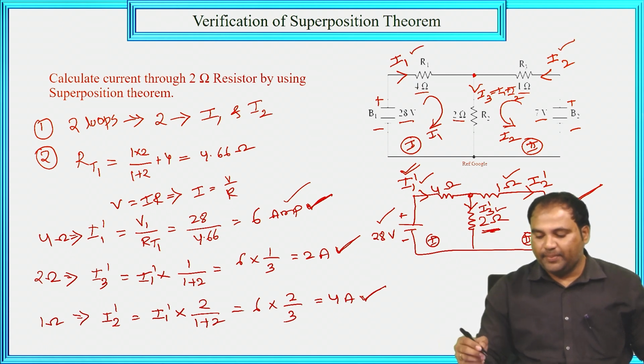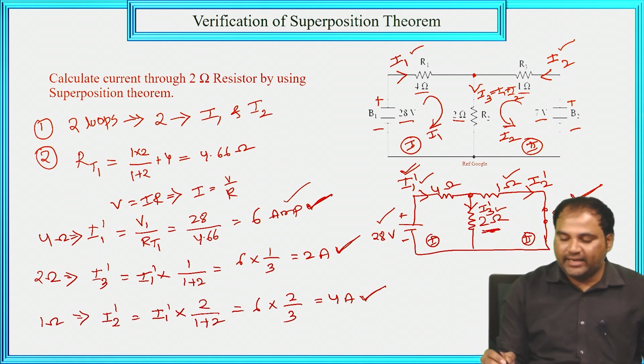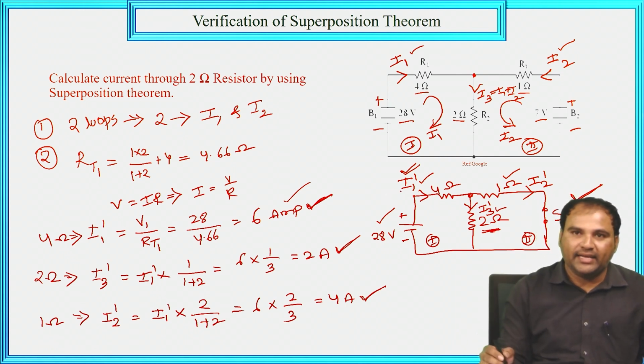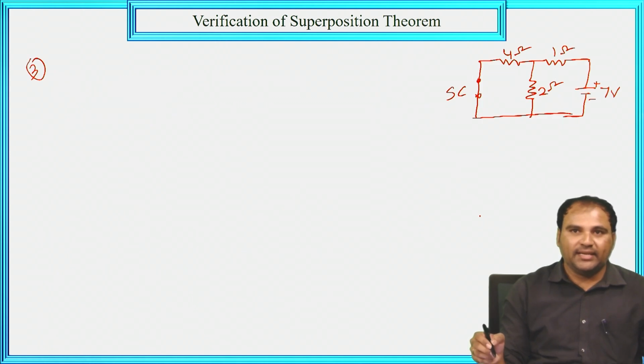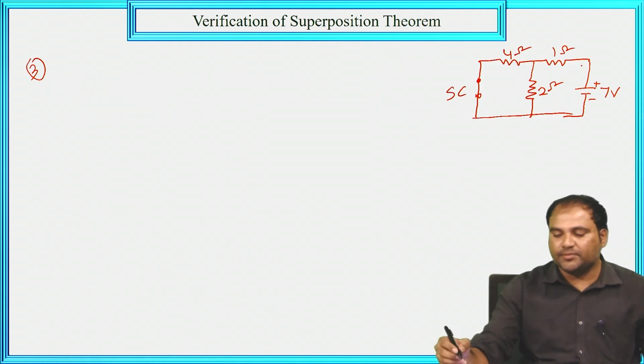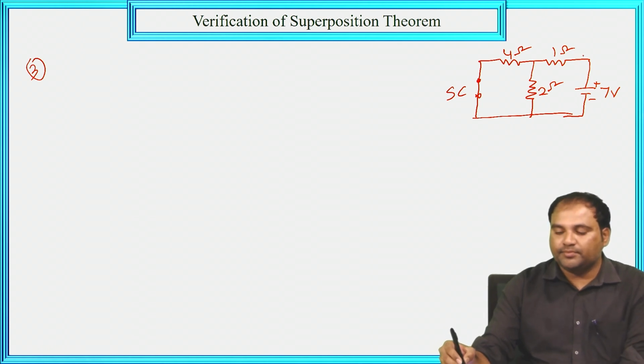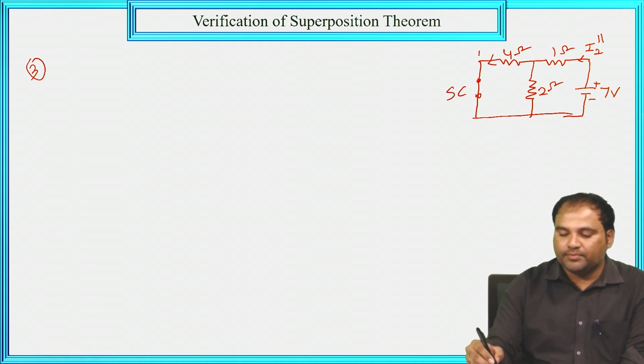Similarly in the second case, at 4 ohm I1 dash, at 1 ohm I2 dash, and at 2 ohm I3 dash. Similarly here, at 1 ohm I2 double dash, at 4 ohm I1 double dash, at 2 ohm I3 double dash.